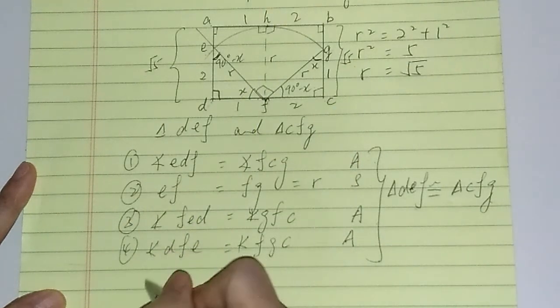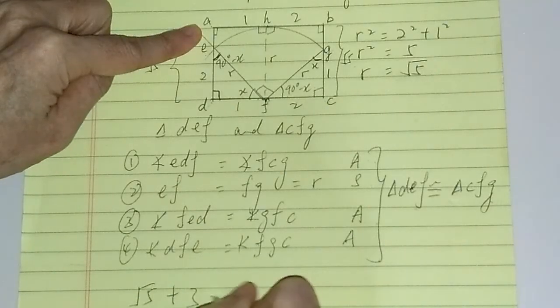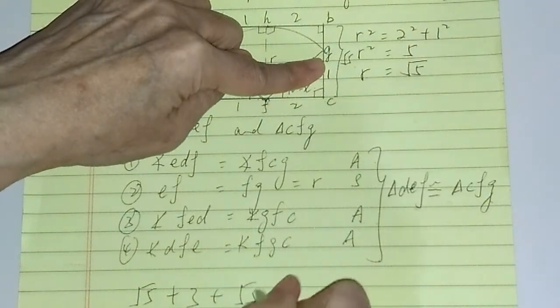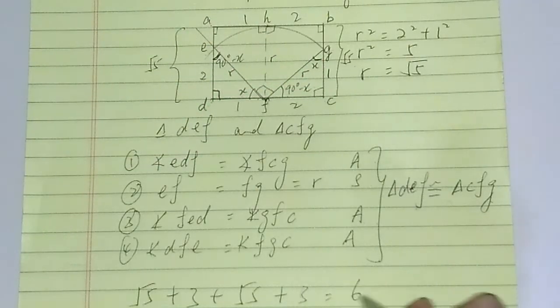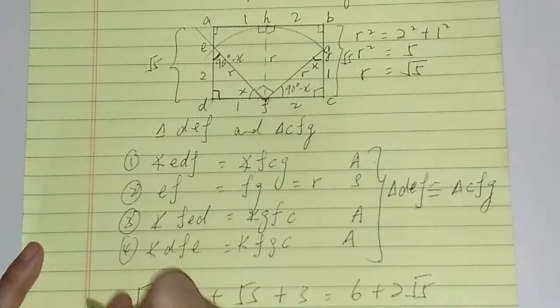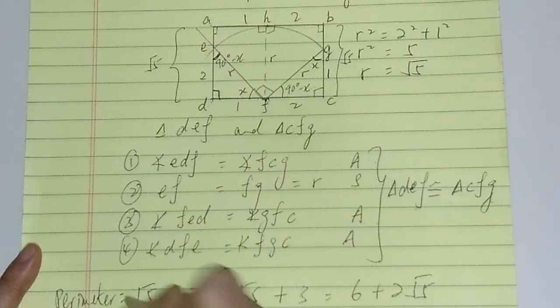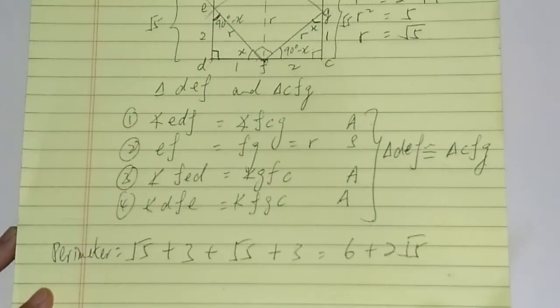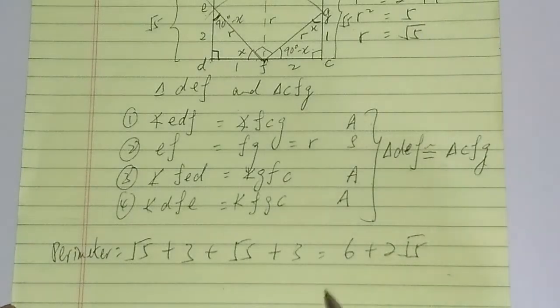The perimeter will be square root 5 plus 3 plus square root 5 plus 3, so it's 6 plus 2 square root 5. That is the perimeter. That is the answer.